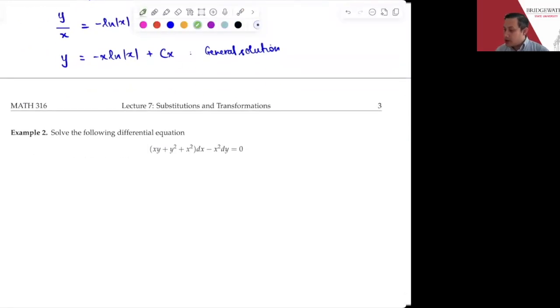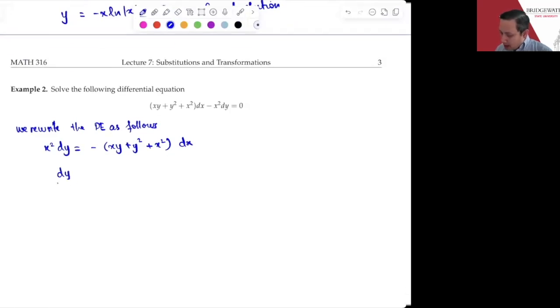So from here, what we do is first rewrite the differential equation as follows. So you have x squared dy equal to negative xy plus y squared plus x squared dx, and therefore dy dx is equal to negative of xy plus y squared plus x squared divided by x squared.